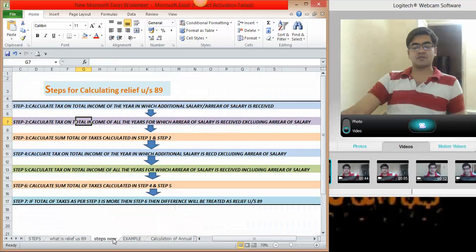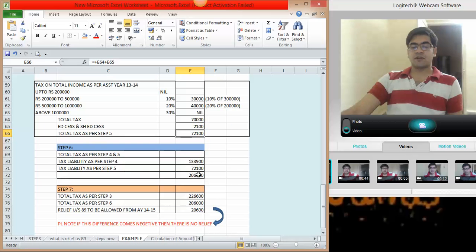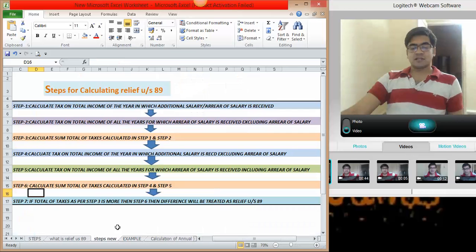Now let's move ahead to step 6, which says calculate sum total of taxes calculated in step 4 and 5. So 4 and 5 I added, so it comes to around 2,06,000 rupees. And the last and final step: if the total of taxes as per step 3 is more than step 6, then the difference will be treated as relief under section 89.